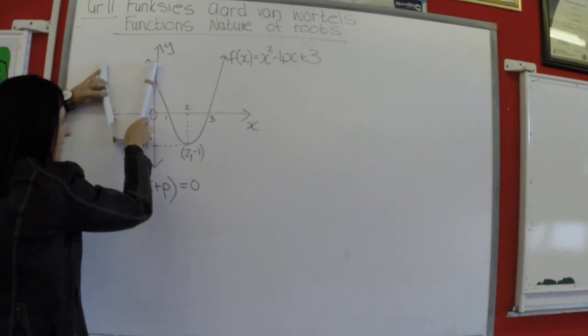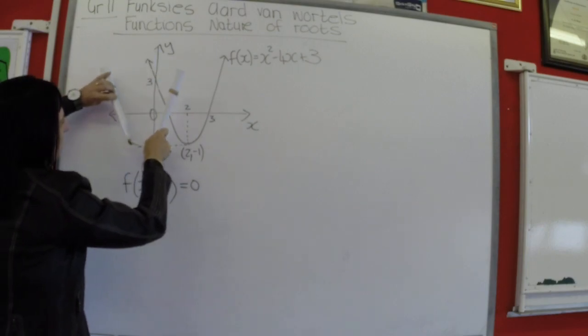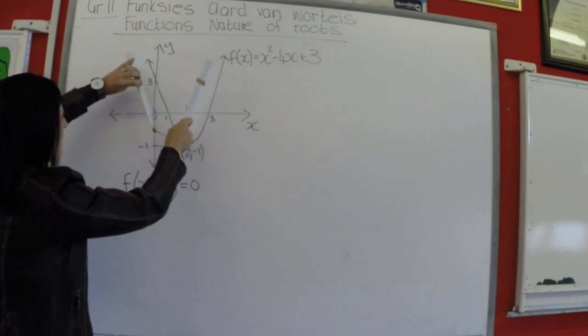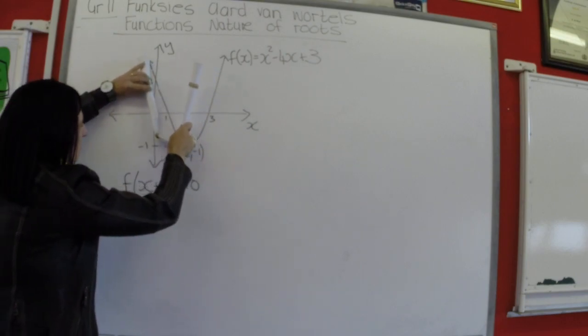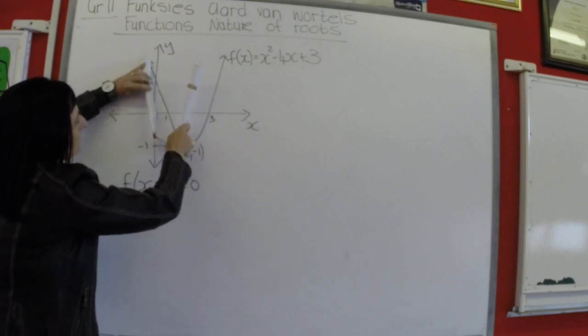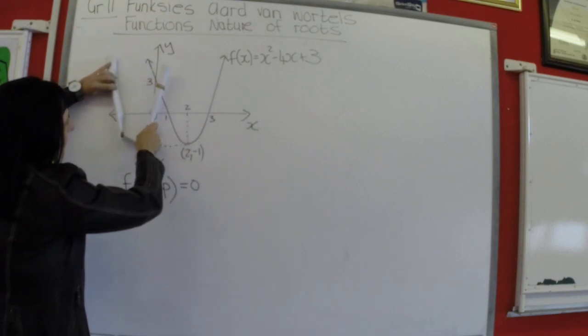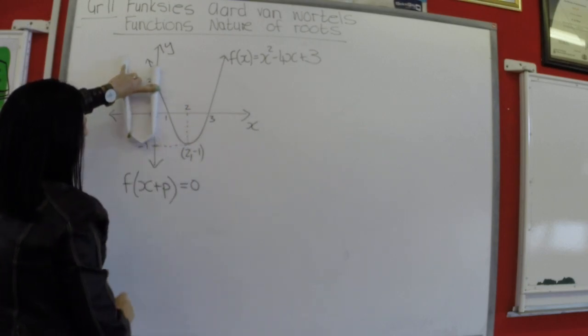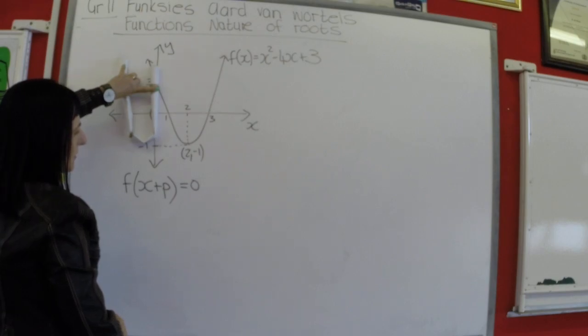So ek kan nou weet, wat moet my p-waarde wees? My p-waarde moet wees between 1 unit to the left, up to 3 units to the left.